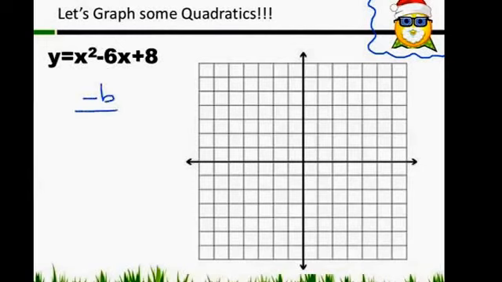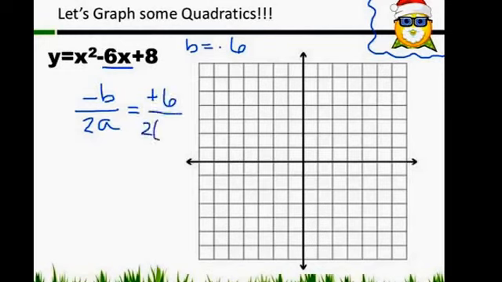Negative b over 2a. b is negative 6. So when I plug in negative 6, I get a positive 6 over 2 times a. A is 1. 6 divided by 2 is 3.